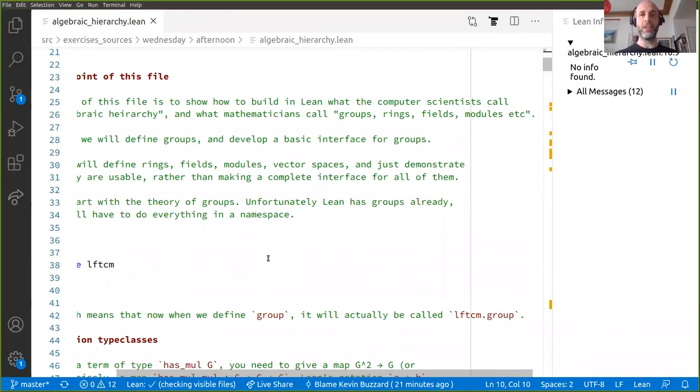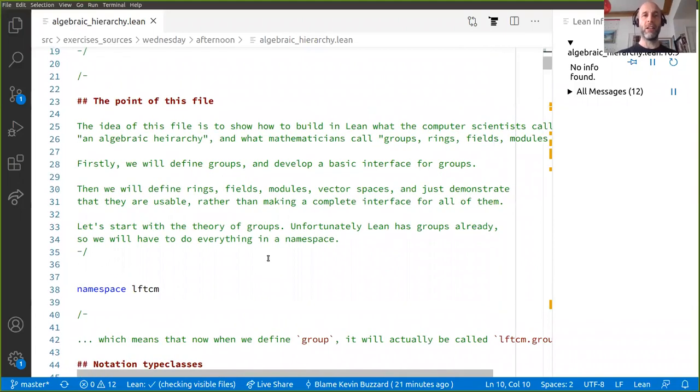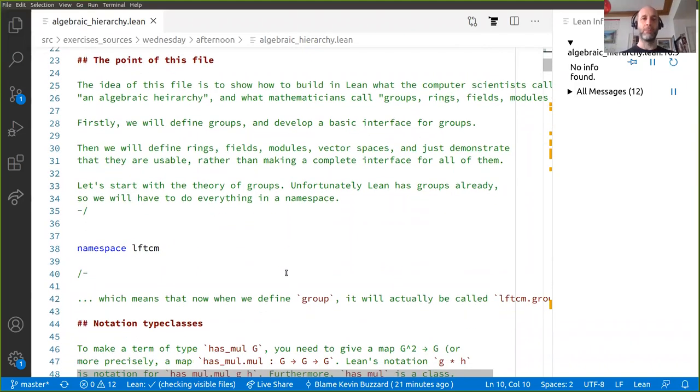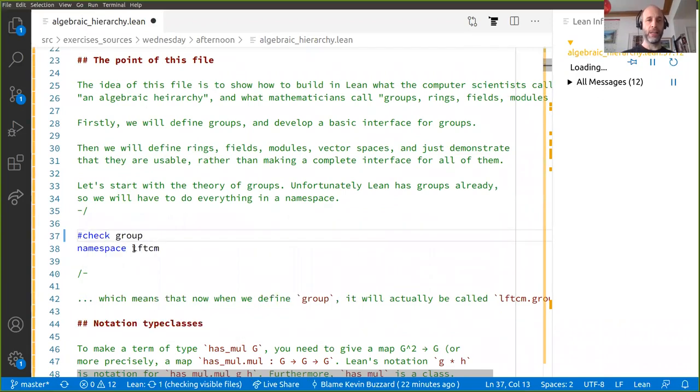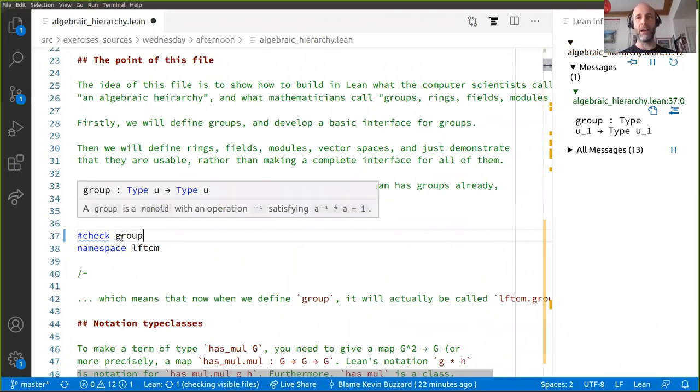So I'm going to show you how to set up the algebraic hierarchy, essentially the same way that Lean sets it up. One big problem with doing this is that Lean has groups already, right? If I put check group, then I don't get an error, unfortunately. Lean knows what a group is, and I want to redefine groups.